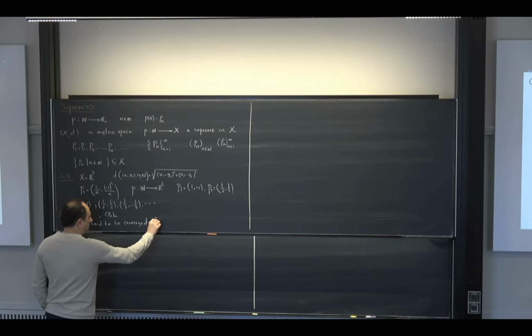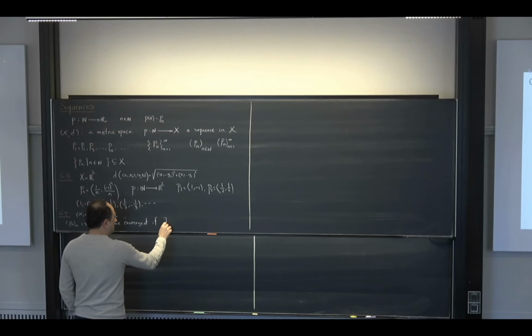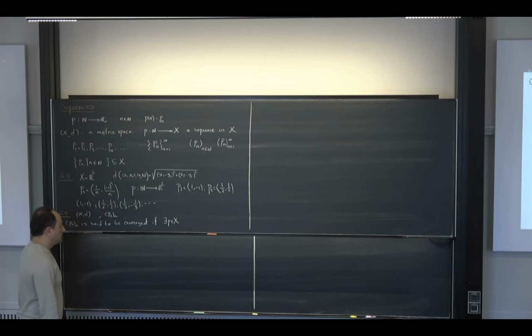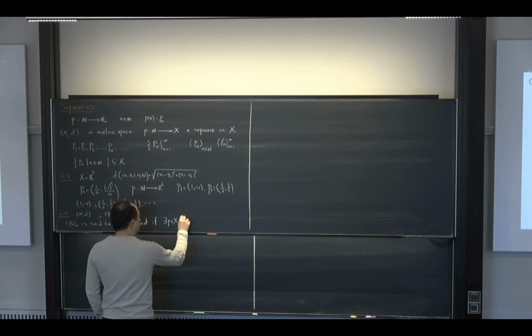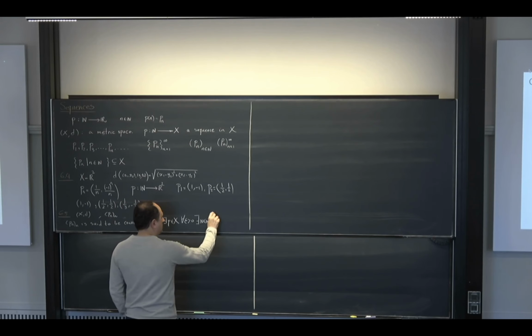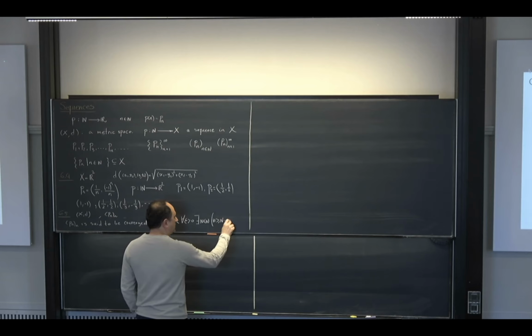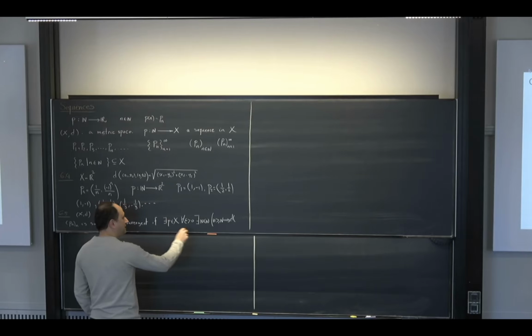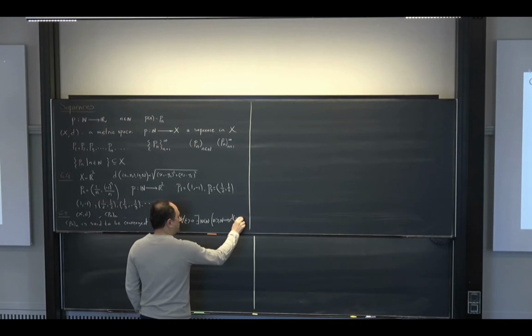if there exists a P in X such that for all epsilon greater than 0, there exists a natural number N such that if n is greater than or equal to N, then this implies that the distance between Pn and this P is less than the given epsilon.